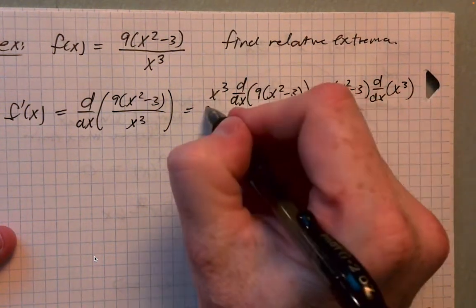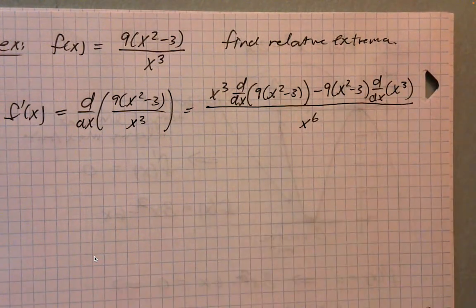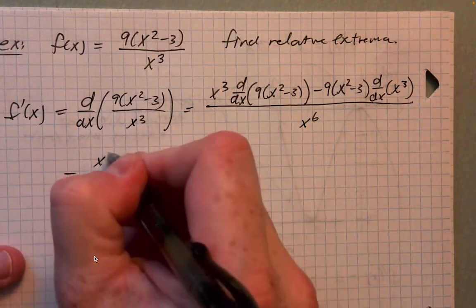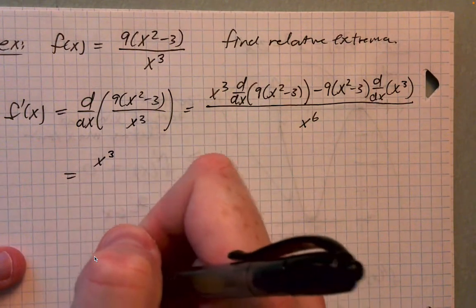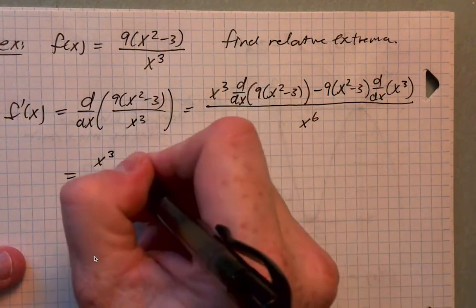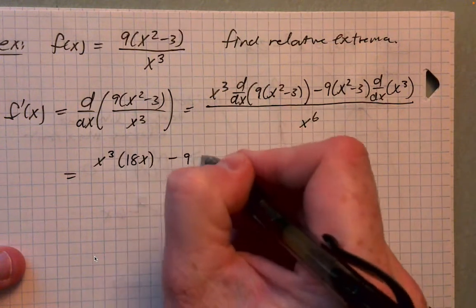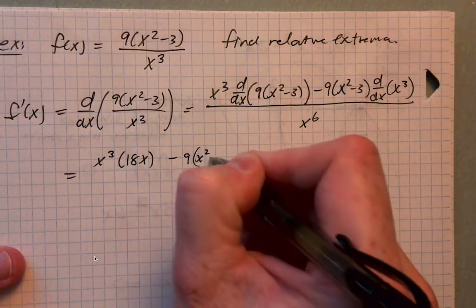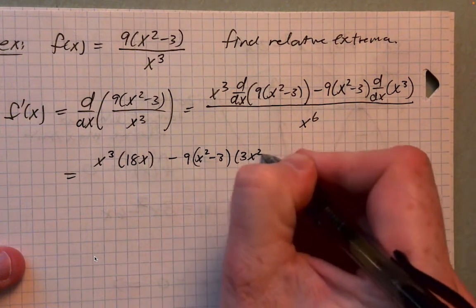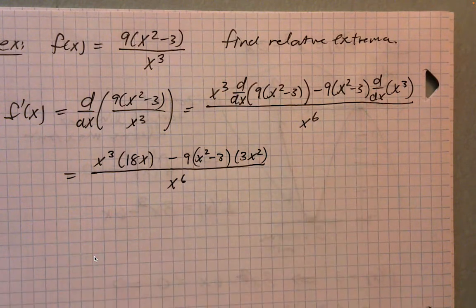Okay, and then square the denominator like so. And running through this quickly, we can see that this derivative here is going to be 18x. Okay, and then minus 9x squared minus 3, and then this would be 3x squared. And the whole thing divided by x to the 6th power.